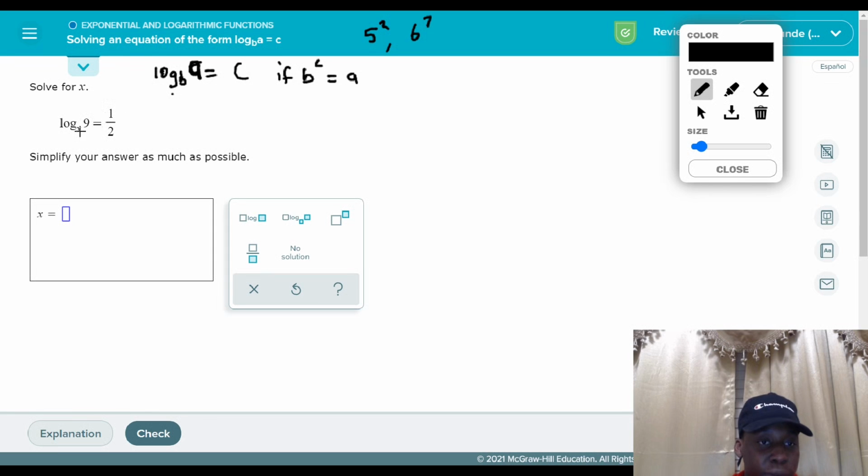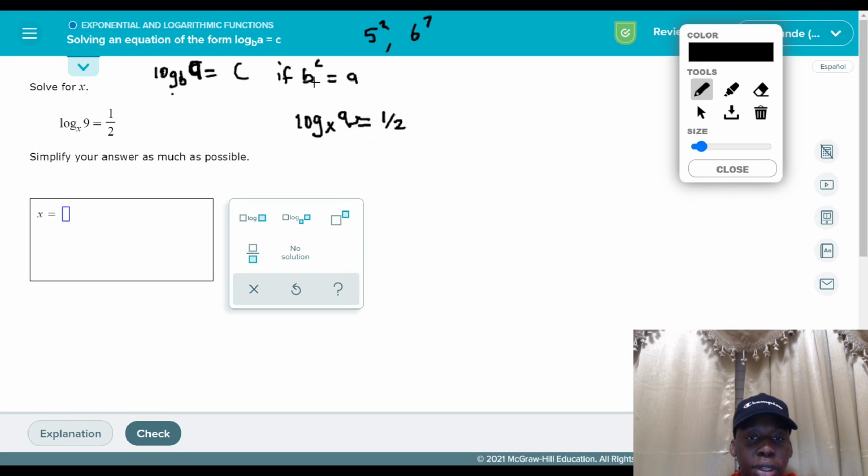So we have to find the value that, when we set the exponent as 1 over 2, gives us a 9. That's the same approach we're going to use in this question. So this is log x 9 equals 1 over 2. If you look at this and this, these questions look alike a little, so we're going to use the same concept.